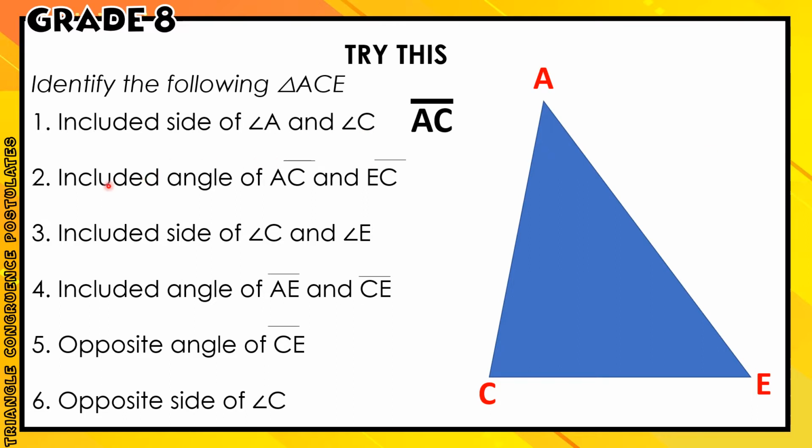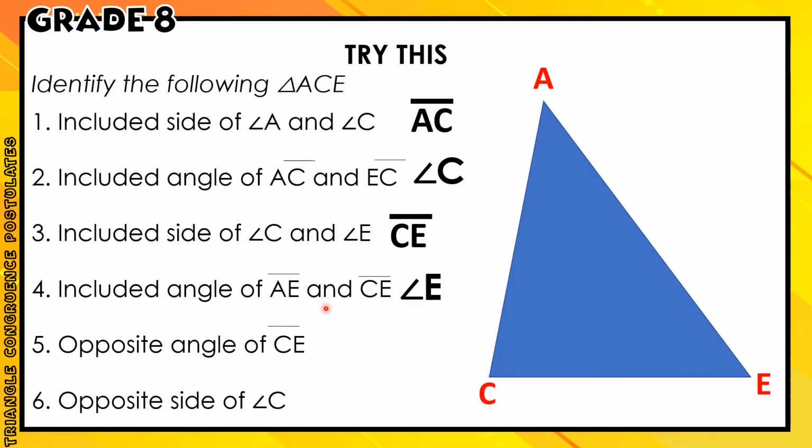Number 2, included angle of AC and EC, our answer is angle C. Number 3, included side of angle C and angle E, two letters, so the answer is side CE. Number 4, included angle of AE and CE. The angle we are talking about, they have a common letter E. Therefore, the answer is angle E.